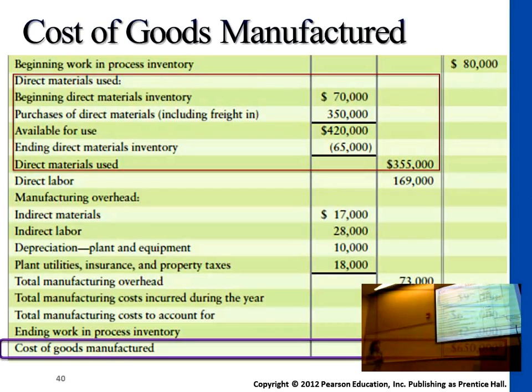We have $65,000 of direct materials inventory left over after producing many different lines of products. So we get the actual amount of material used this year by adding these two up minus this, which gives us $355,000.